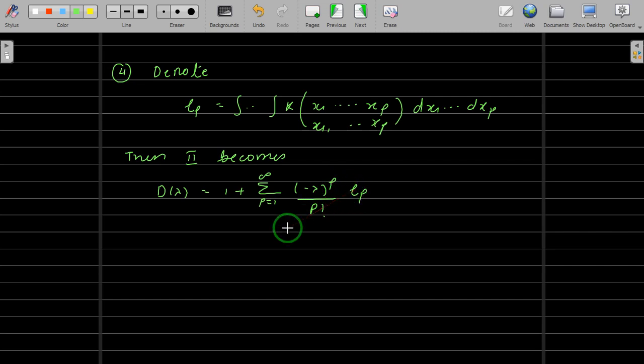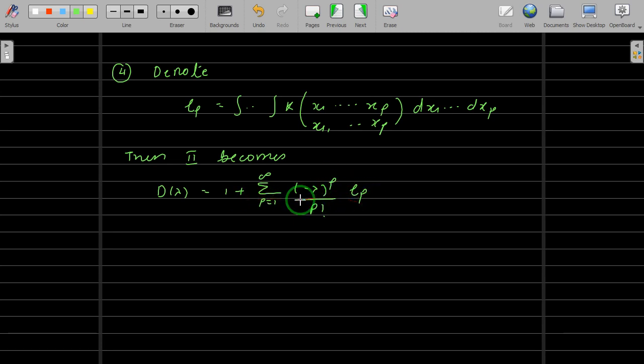In coming time I'll also use capital C, so just distinguish between small c and capital C. And this summation starts from p equals 1. What if p starts from p equals 0? If p equals 0, then this is 0 factorial, this is raised to 0, and c0.